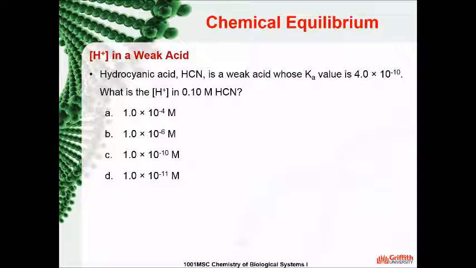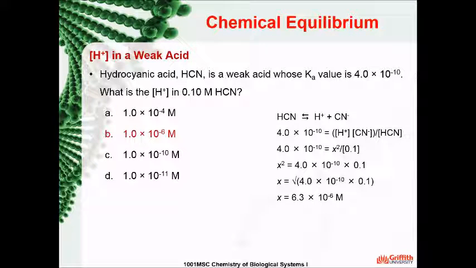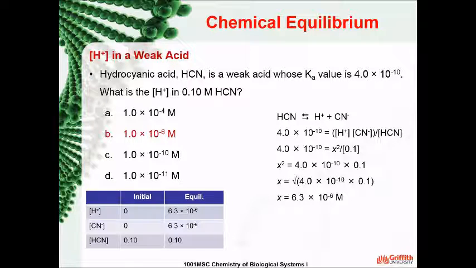The answer is B. HCN is a weak acid, and we can use the ICE table to calculate X. Remember that we use the simplified format of the expression to avoid the quadratic equation. Because the amount of X is very small, we can consider that the concentration of the HCN remained the same as per the table.